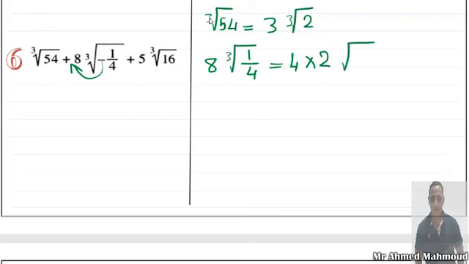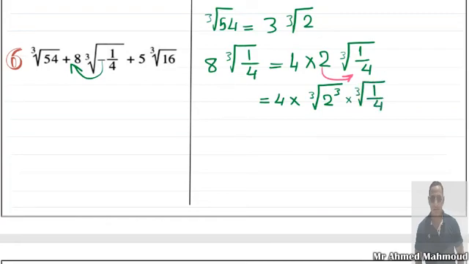Okay, cubic root 1 over 4. Then I will send the 2 inside the root. It will be 4 times cubic root 2 power 3, to make it inside a cubic root, times cubic root 1 over 4.